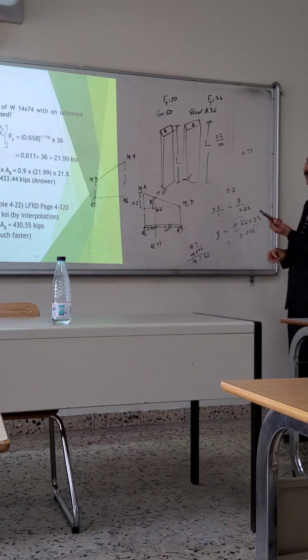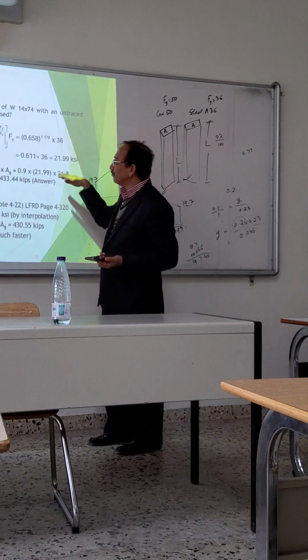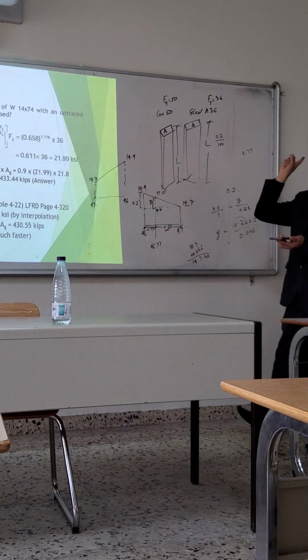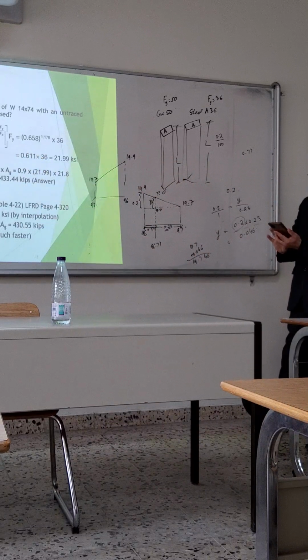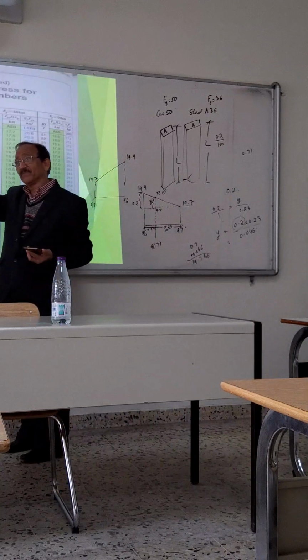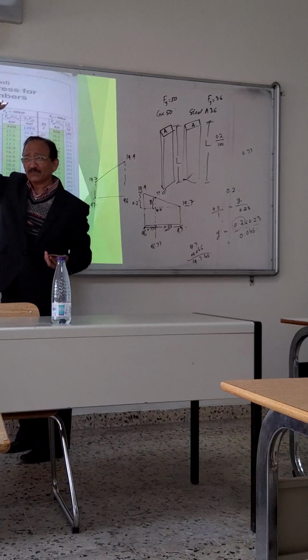This equation is always the perfect equation. Based on these equations, they have developed the tables. This table is developed based on those equations. These equations are not coming from the sky.